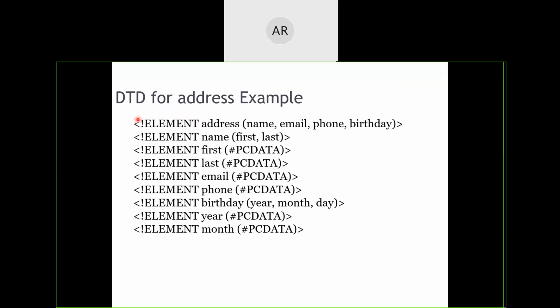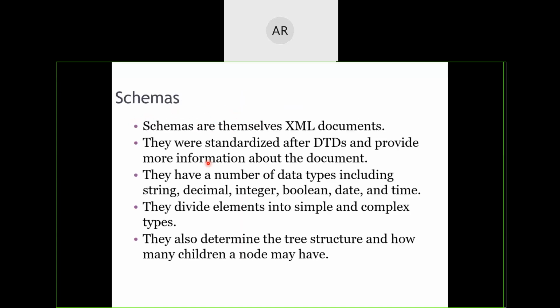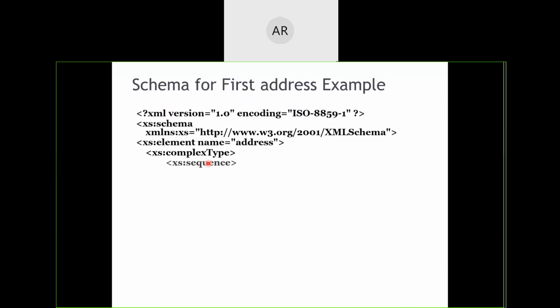By saying this, the XML parser came to know that this file is going to have a DTD description about another XML file. Similarly, for a schema, we'll mention XS schema.